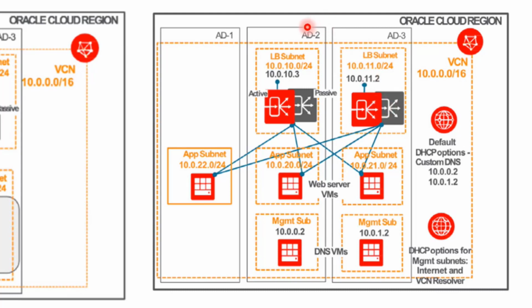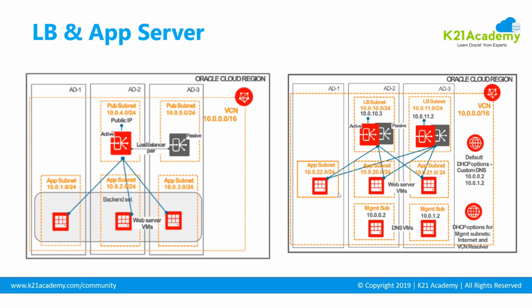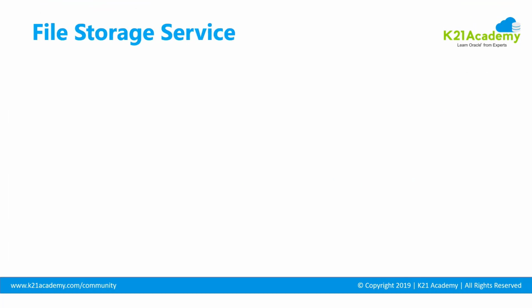And then you can configure a DNS in front of these two private load balancers, so a request can go to one of the available private load balancers. And from the load balancer, you already have high availability because your servers are running in multiple availability domains. So that's for the load balancer and application server.